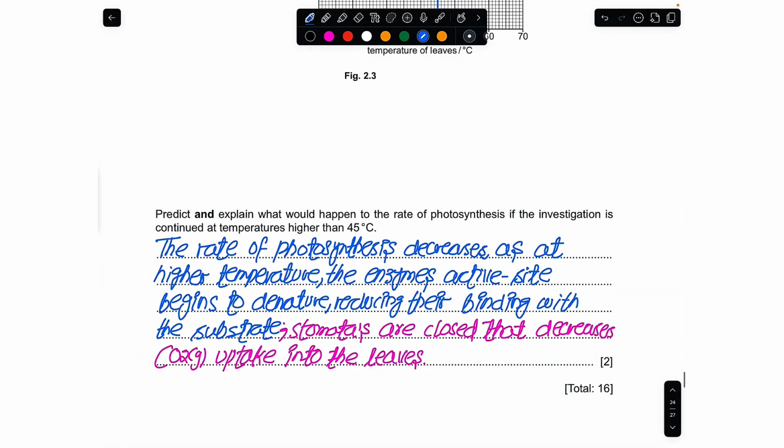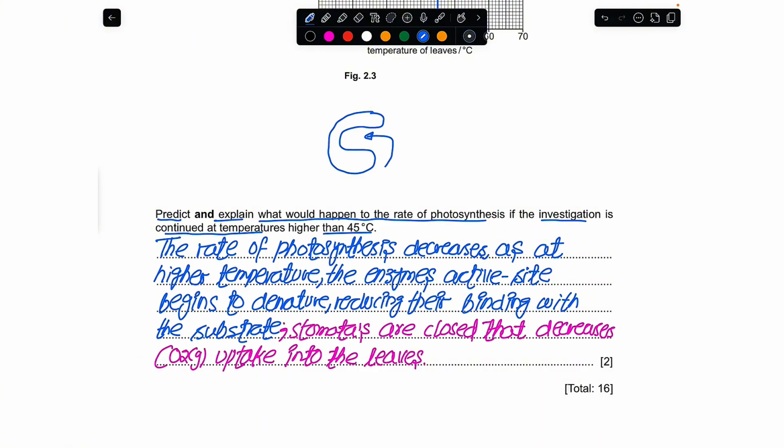Now, what he asks for, for a total of 2 marks, is that we are required to predict and explain what would happen to the rate of photosynthesis if this investigation is continued at a temperature higher than 45. So if I would increase the temperature for this investigation to greater than 45, what I know is that since the photosynthetic process is under the influence of enzymes, with so much higher temperature, the enzyme would lose the shape of its active site.